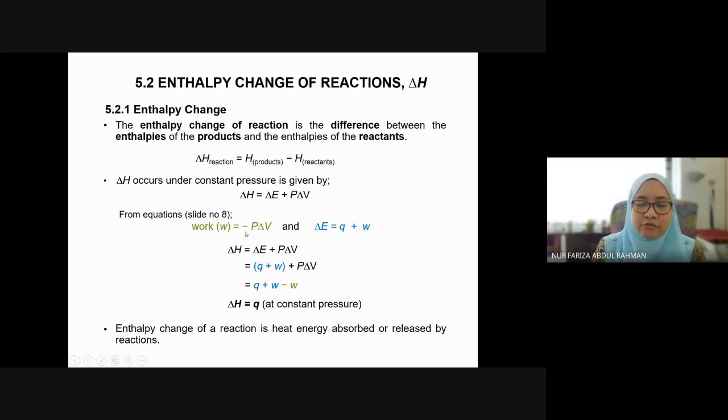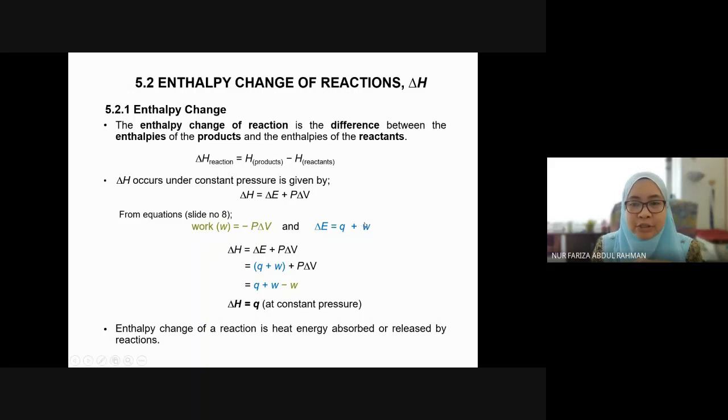Okay, all right. So what happened is that, remember yesterday I said, in the overview before we started this subtopic, I said that for a chemical reaction, the enthalpy change is equal to heat only.